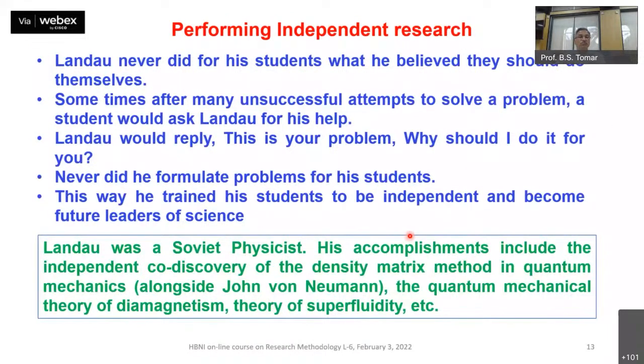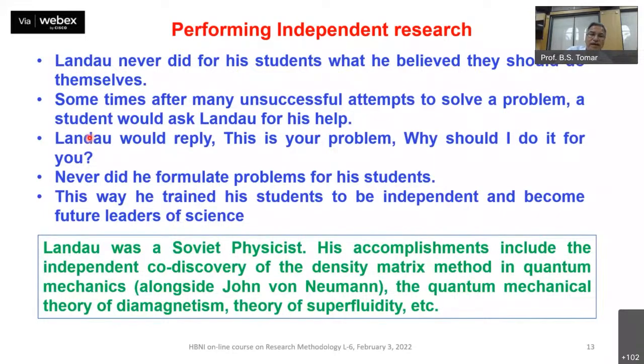So finally, some wise words from literature. Landau was a Soviet physicist. His accomplishments include the independent co-discovery of the density matrix method in quantum mechanics, along with John von Neumann, the quantum mechanical theory of diamagnetism, theory of superfluidity, etc. About him, it is said that he never did for his students what he believed they should do themselves.